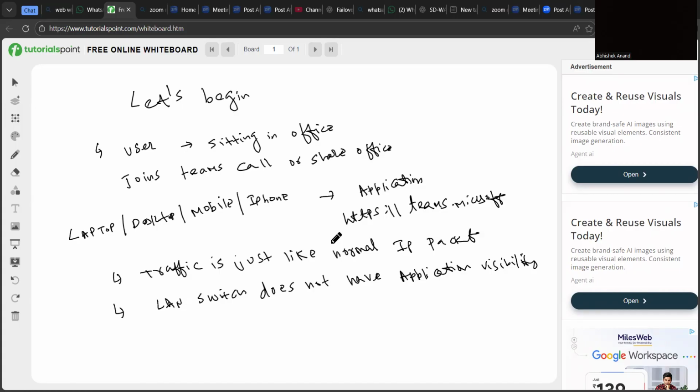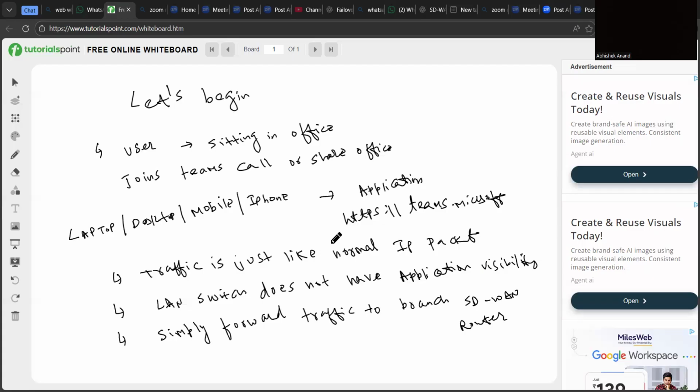You're aware of this part, right? So what it will do is simply forward the traffic to the branch SD-WAN router.